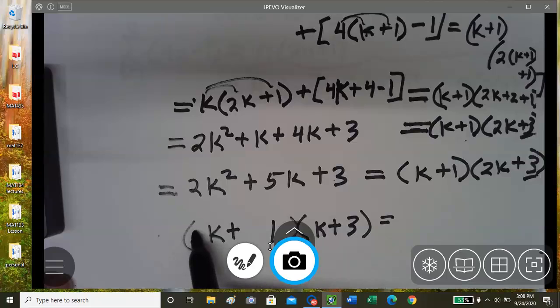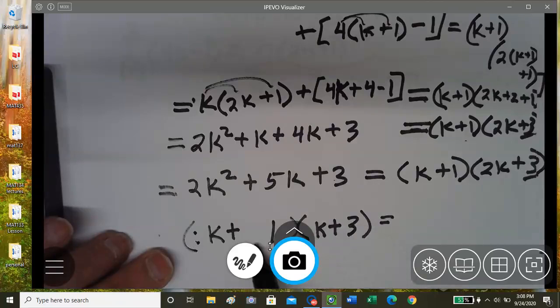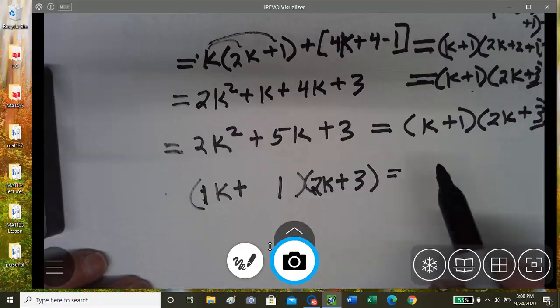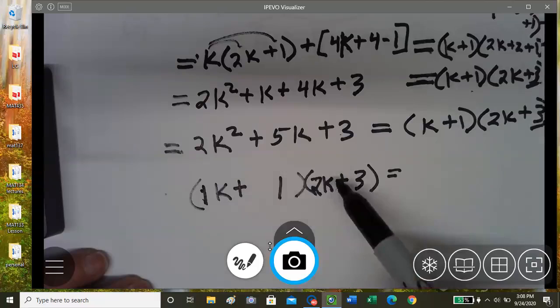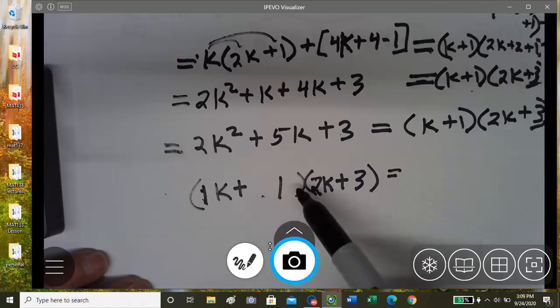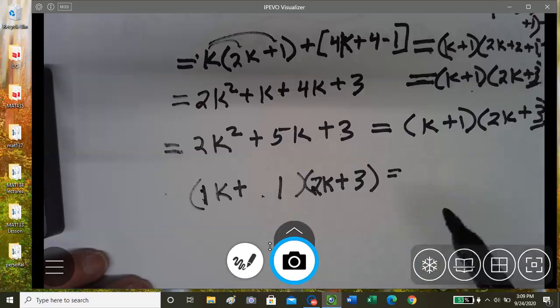So if we put 2 here, then that would be 2 times 3 is 6, 6 plus 1 is 7. So it's not that. So we have to put 2 here, 1 here. And so if we check it, 1k times 2k is 2k squared, 1 times 3 is 3k plus 1 is 2k, 3k plus 2k is 5k, 1 plus 3, so it checks.